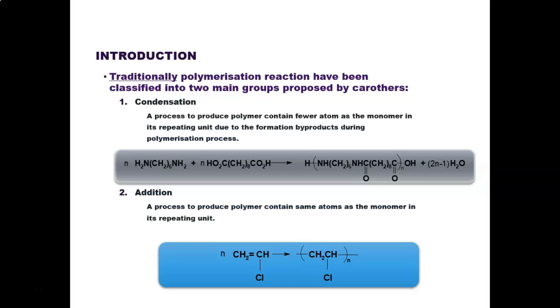For example, if you want to produce polyacrylonitrile from acrylonitrile, it is produced without the elimination of small molecules. And also the length of the molecule chain, which will depend on the reaction condition, can be obtained from measurement of the molar masses.